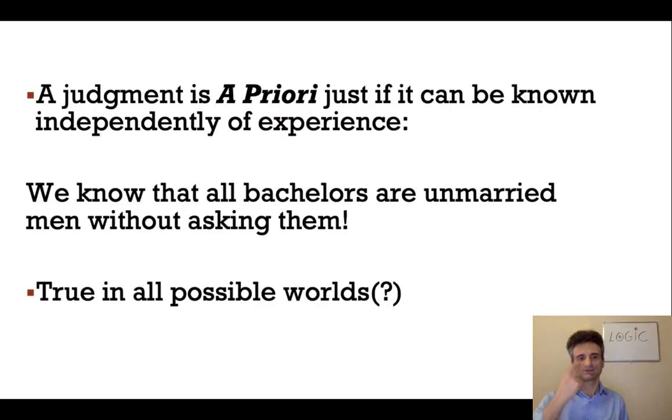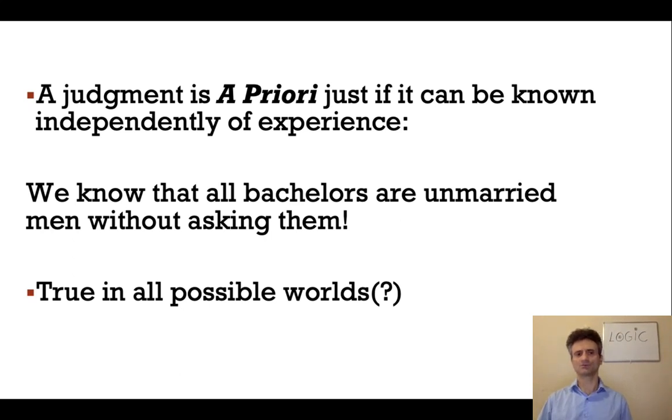Okay, so what do we call a priori? A judgment is a priori if it can be known independently of experience. So if I make a judgment and I know that it is true or false, not on the basis of experience, I don't touch it, I don't feel it, I don't see it, I don't hear it, but I know that it is true.